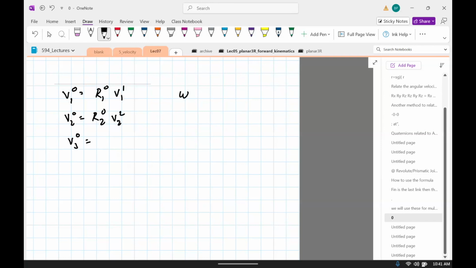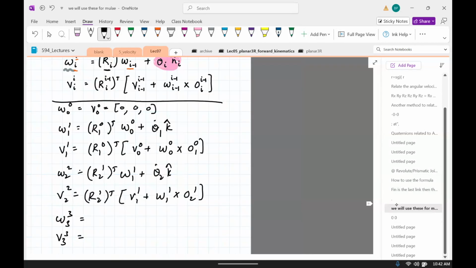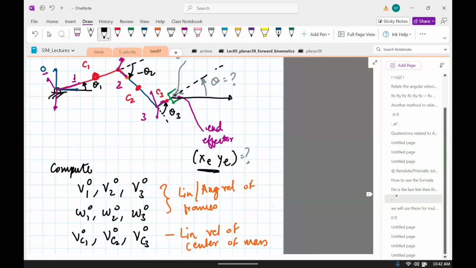Similarly, omega 10 is R10 omega 11, and same for omega 30. I'll not write it down. So we have basically computed all these things which were asked. One of the things asked was these, so these have been done. I'll just shade them. Okay, that's how we'll do it.